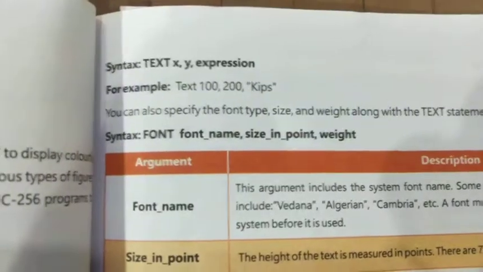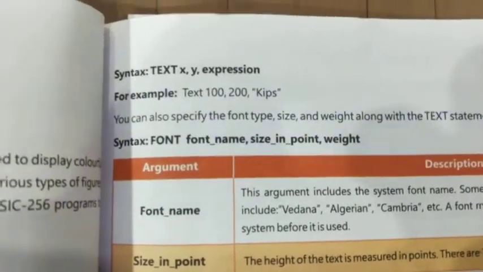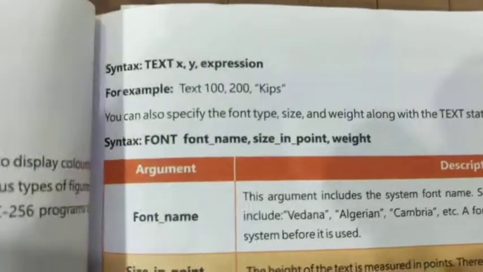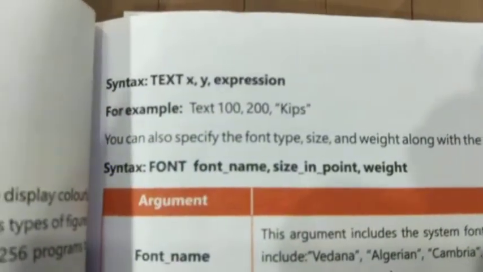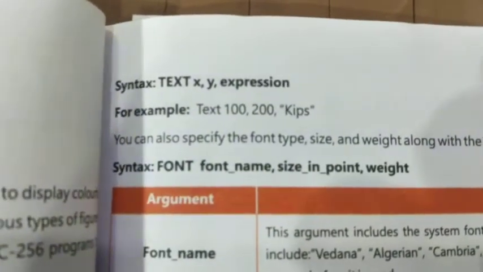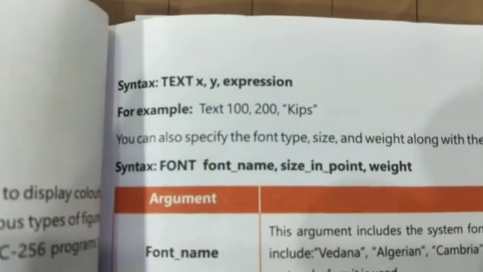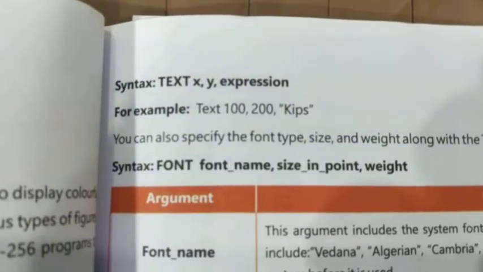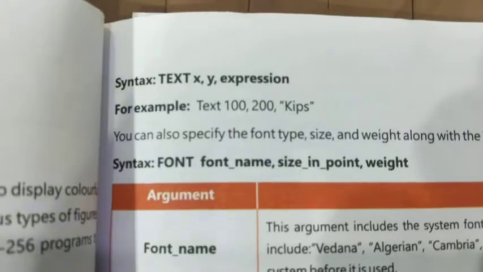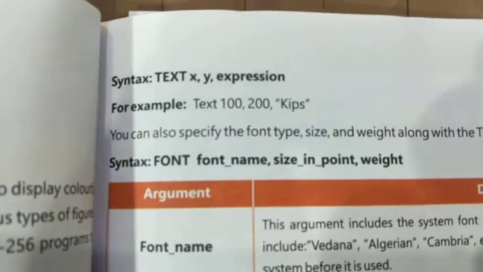Our first command is the text command. The syntax of the text command is: text, space, x, that means the x-axis coordinate or pixel, and y, the y-axis coordinate or pixel, and then the expression.